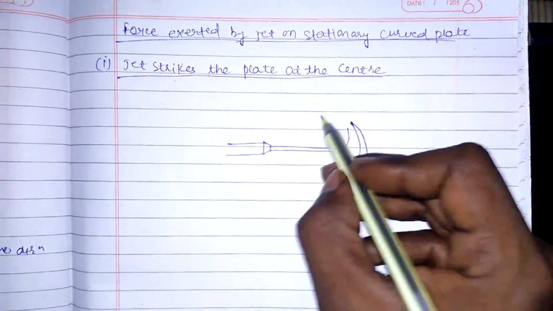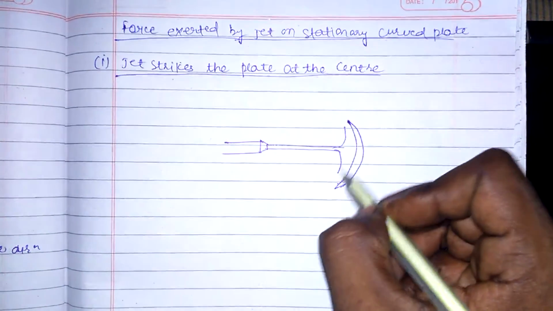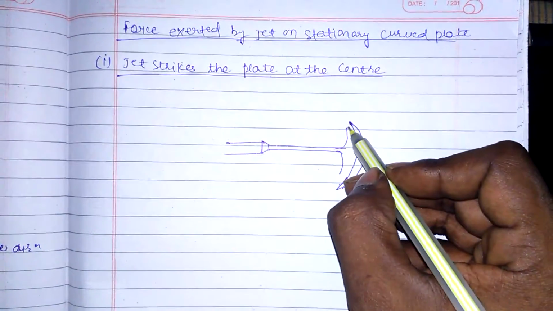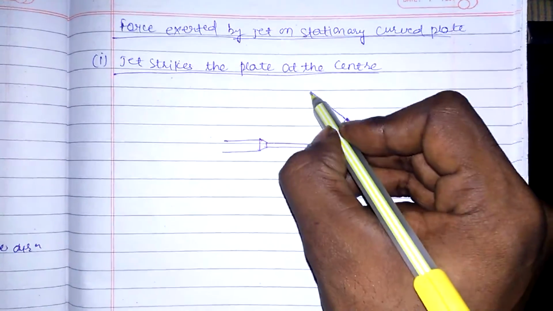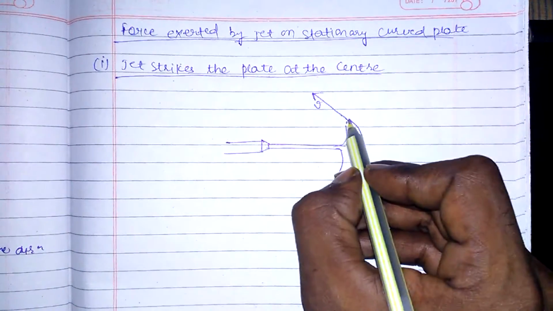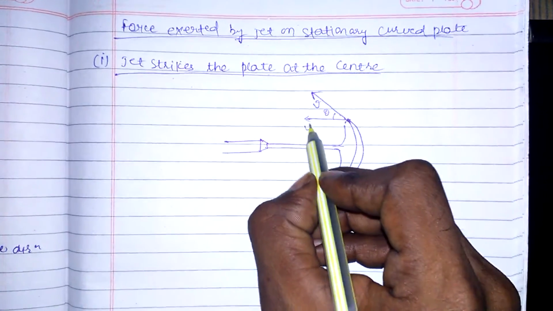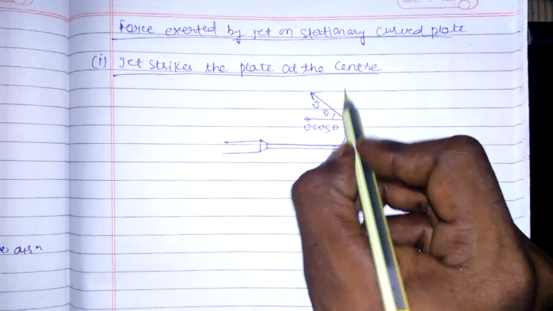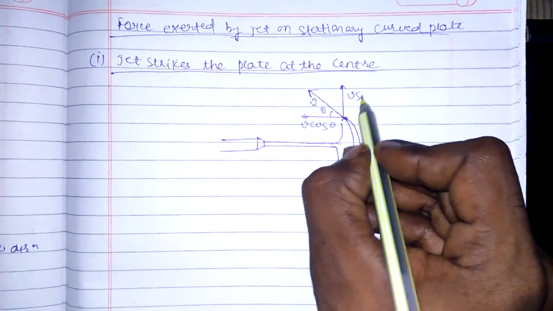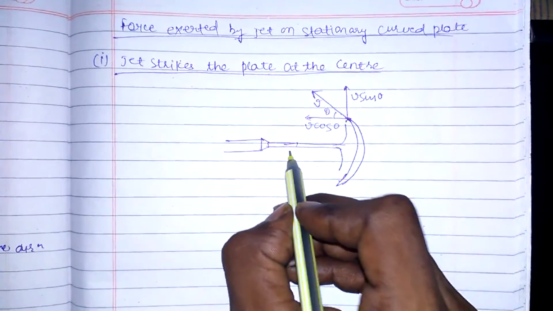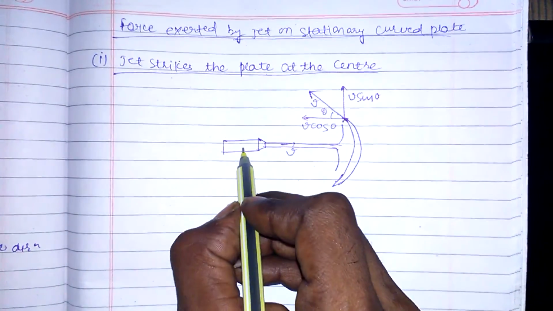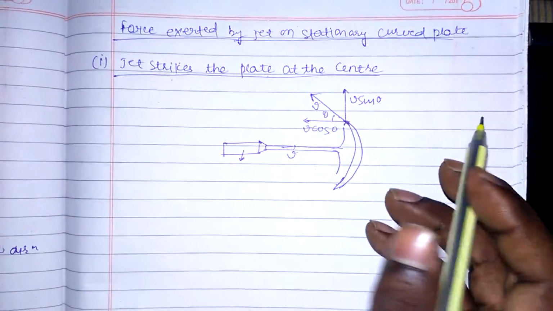Let us consider that it goes in this direction. The velocity will be v at some angle theta. The horizontal component would be v cos theta, and the vertical component would be v sin theta. This is the velocity v from the nozzle jet.